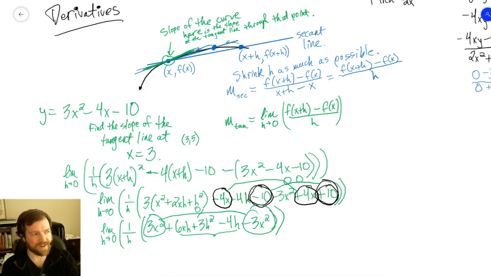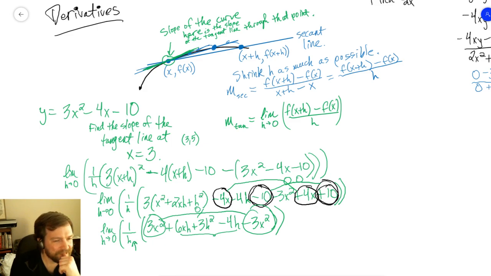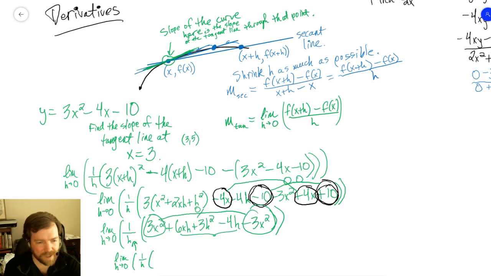That's very important. So when you look at this, it says, hey, wait a minute. All these terms have h. And we've got this 1 over h that's sitting out front. That is super exciting because that means that we're going to have limit as h approaches 0 of 1 over h times 6xh plus 3h squared minus 4h. Actually, let's even back this up one.